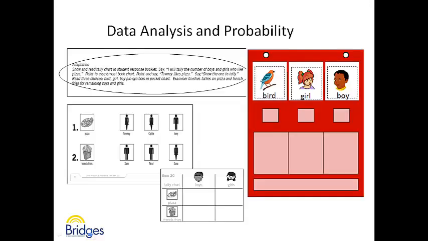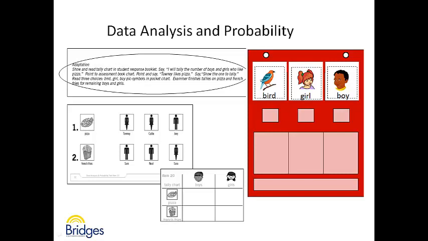With the adaptation, you would do it a little bit differently. In this case, you would show and read the tally chart from the student response booklet, but this time you'll say, I will tally the number of boys and girls who like pizza. Then you'll point to the assessment book chart and point and say, Tawny likes pizza. Show the one to tally.